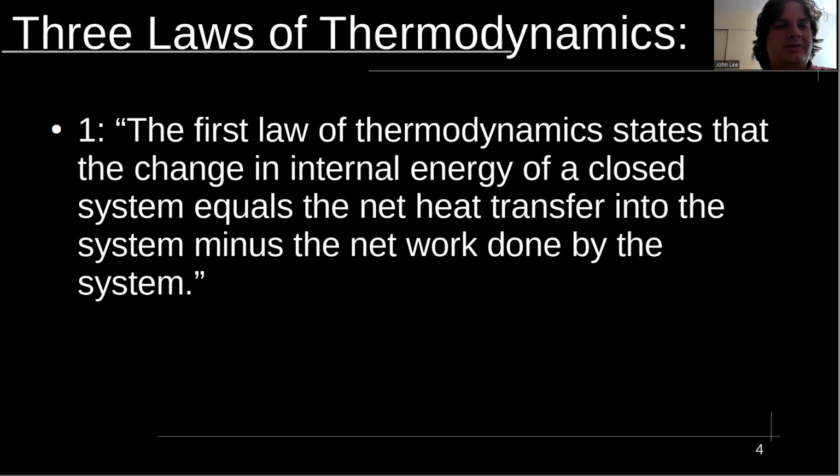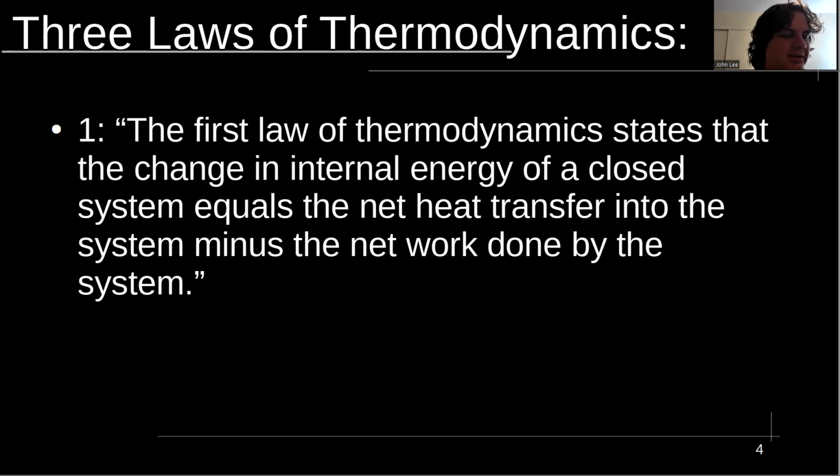So going on to the next law of thermodynamics, according to the book, the first law of thermodynamics states the change in internal energy of a closed system equals the net heat transfer into the system minus the net work done by the system, which is just another version of conservation of energy.